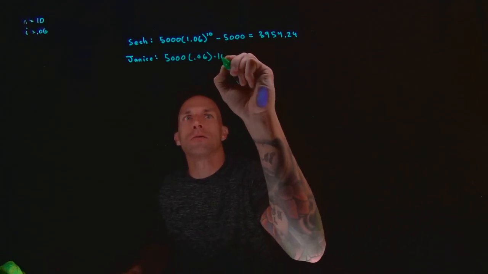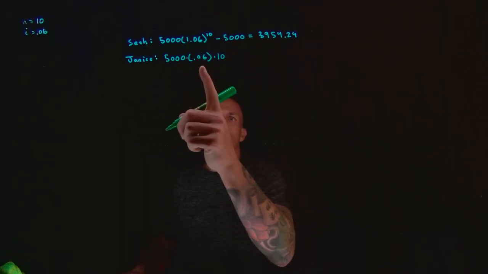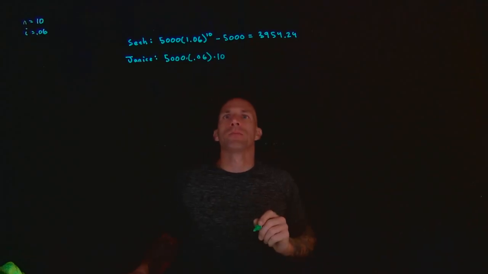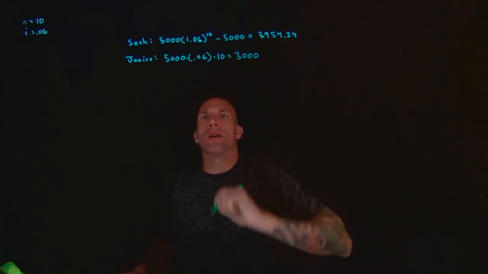So we just multiply what she borrowed by the interest rate by 10, because she makes 10 payments. Okay, so that comes out to be 3,000.